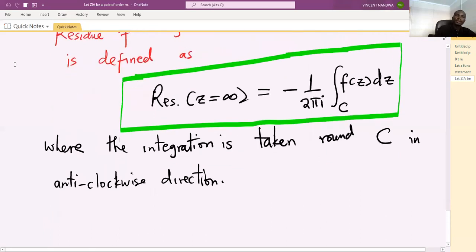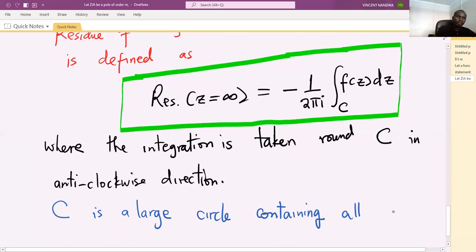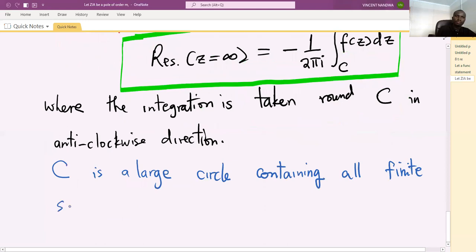And then C is a large circle containing all finite singularities of f of z.